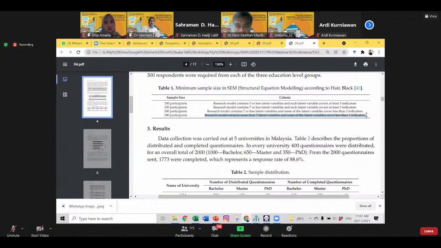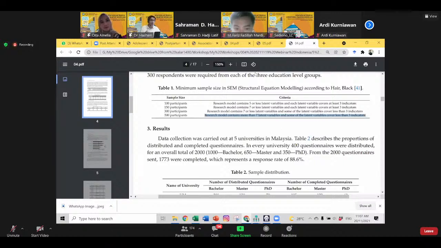So if I have more than 7 latent variables, definitely I should go for 500 because of this theory. And if you go for a moderation analysis, with gender, boy and girl, you have to go for at least 1000. This is my perception, and I always use this theory.